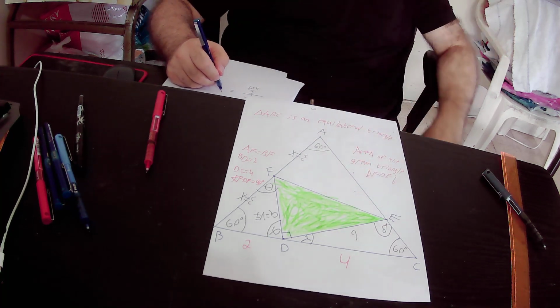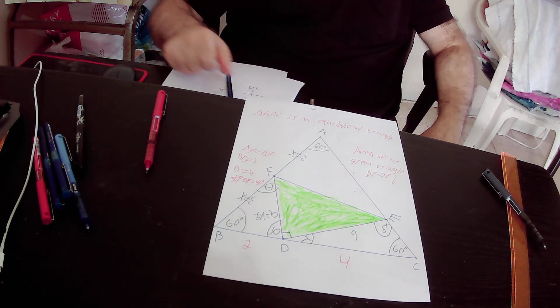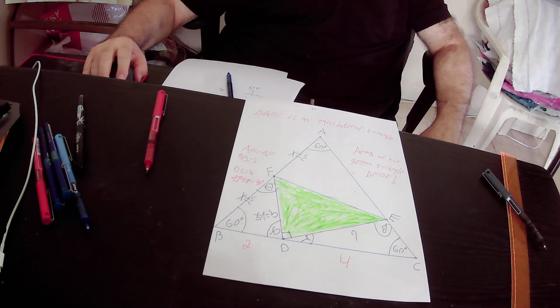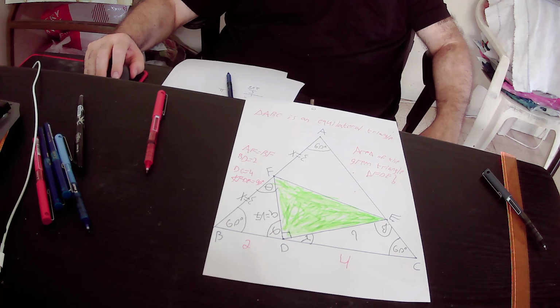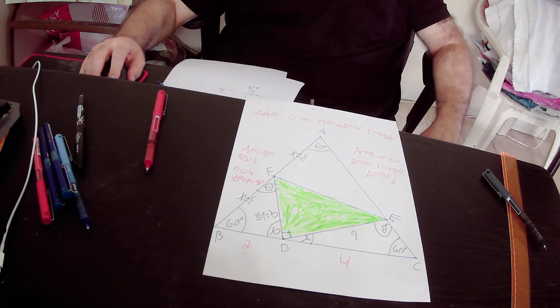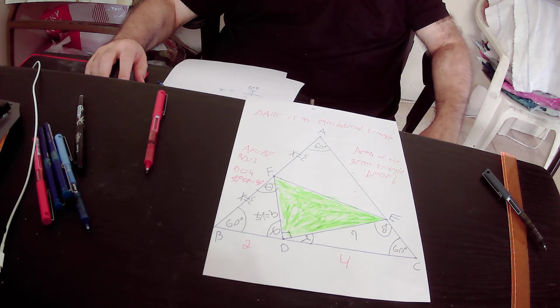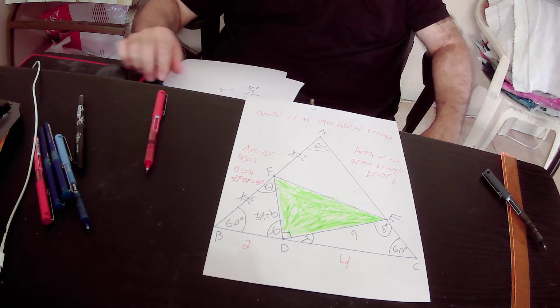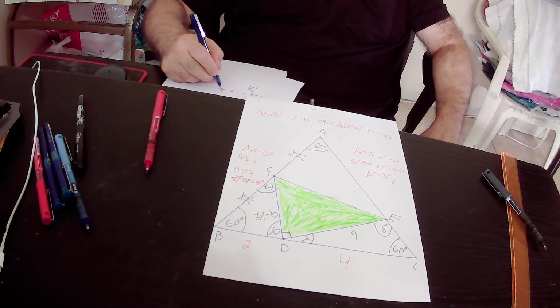DE is b, and the value of sine 60 degrees is root 3 over 2.